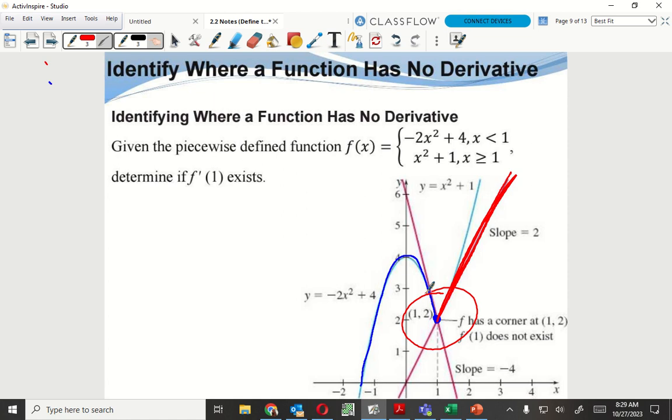The slope is 0? Nope. Not 0, even worse. It's almost like undefined. You'll see in a second. All right, the slope does not exist.